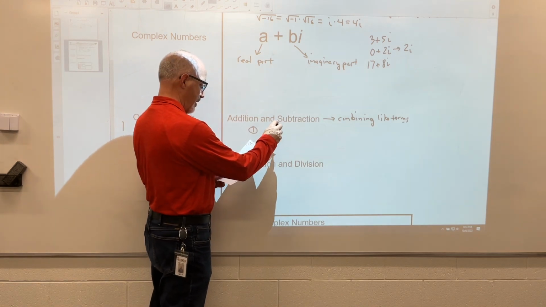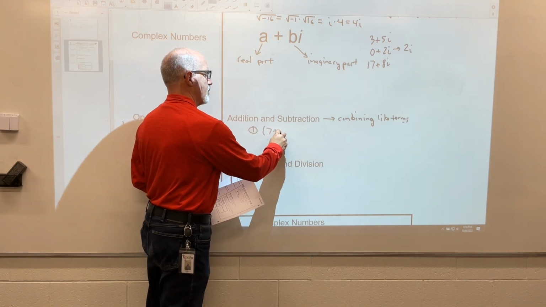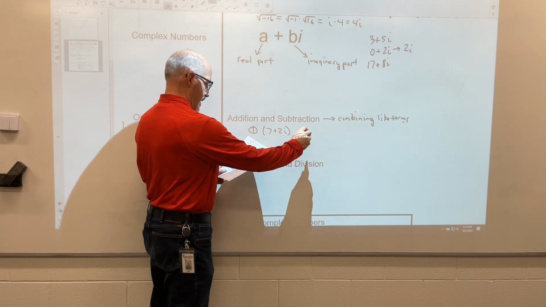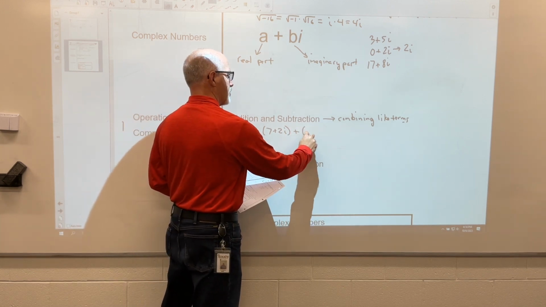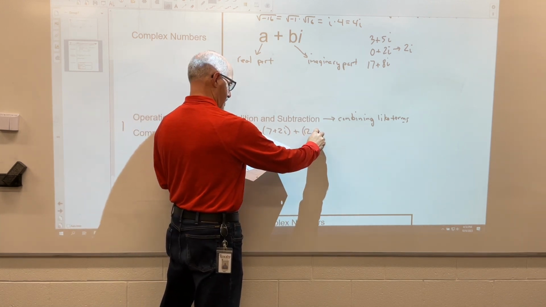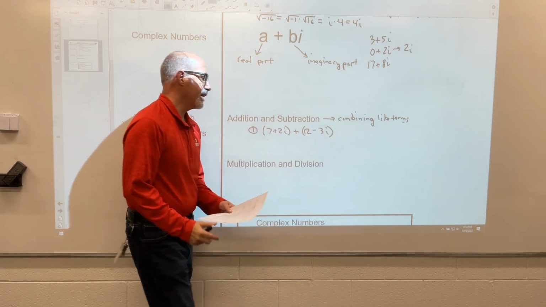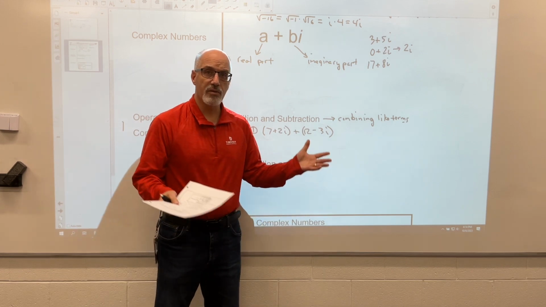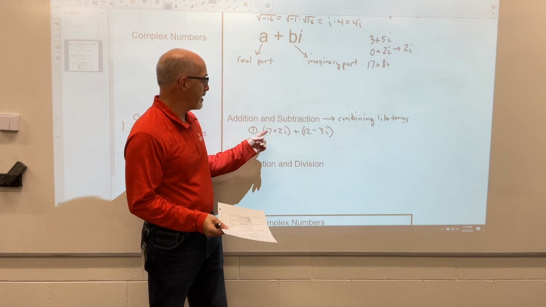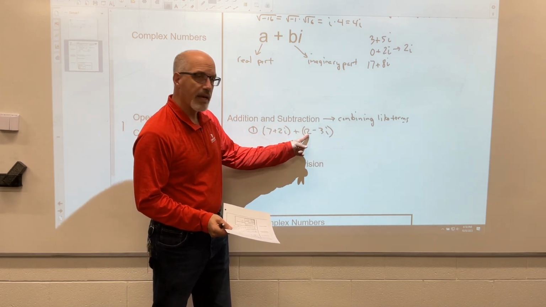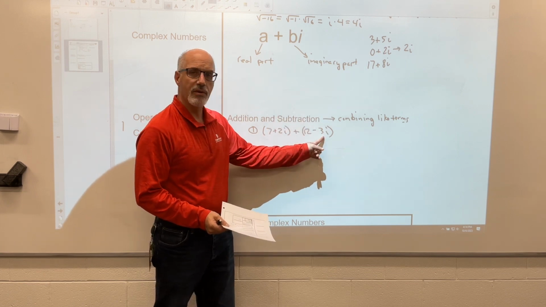If we wanted to do a problem like this, 7 plus 2i, and then we're going to add to it 12 minus 3i. Now, all you have to do, like you would do with x's and y's, is add the ones that don't have i's, and add the ones that do have i's.